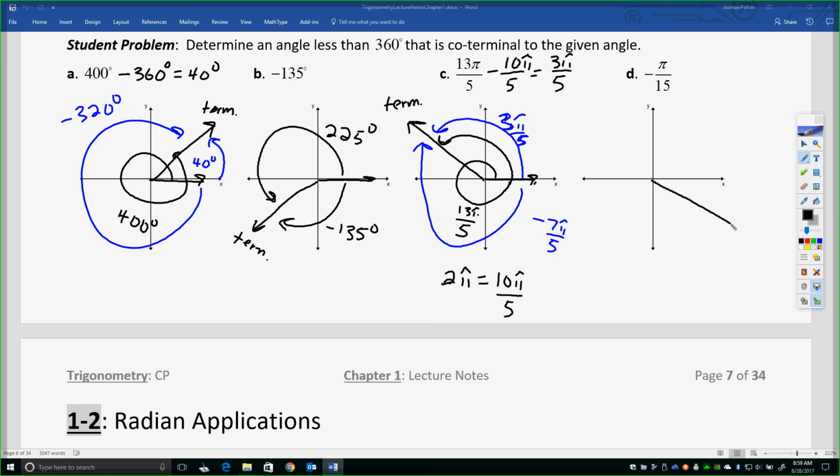A tiny angle, negative pi over 15. If we go all the way around, that's 2 pi, which in terms of 15ths is 30 pi over 15. So if we go the other way, that leaves 29 pi over 15 as the other coterminal angle. Alright, and that is the end of Chapter 1, Section 1.